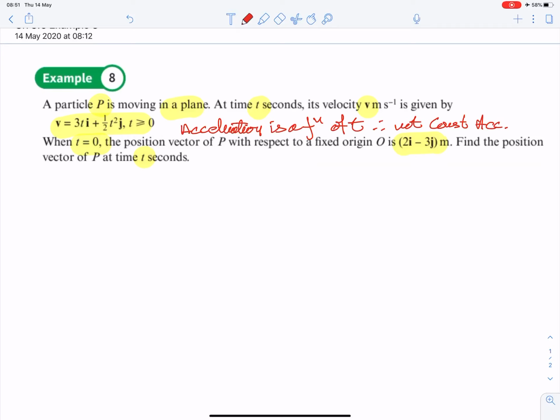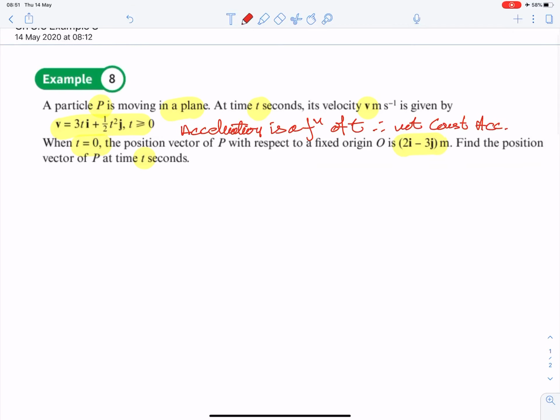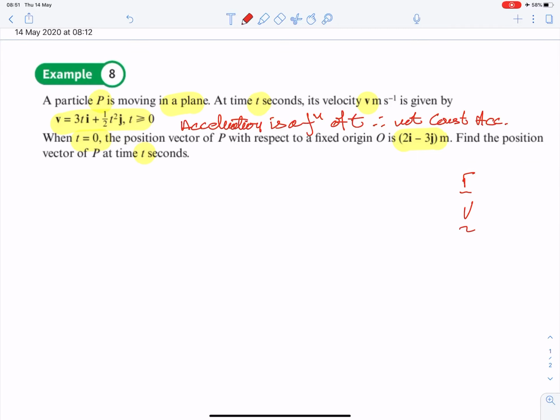So we should know the relationship now between position, or r we usually use for that, v and a. And when we're going in that direction, we integrate with respect to t, and in this direction we're going to differentiate with respect to t. That's the key thing to remember.